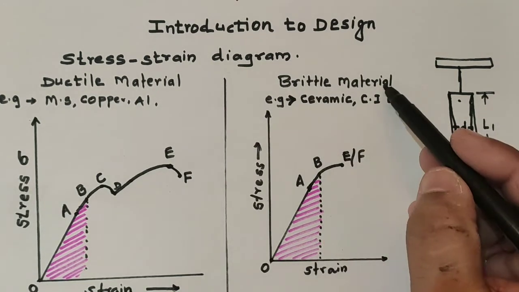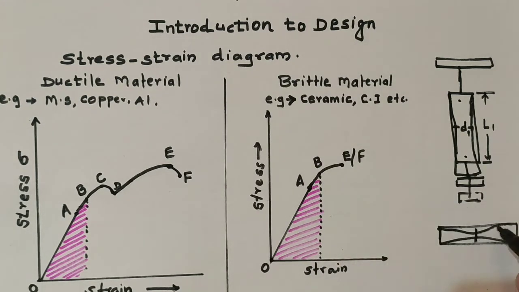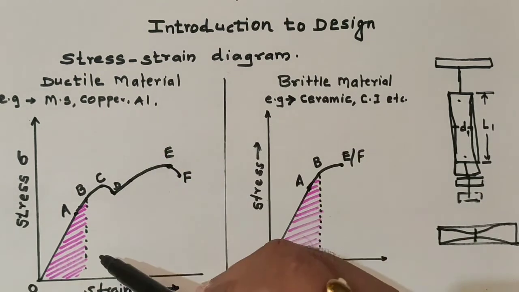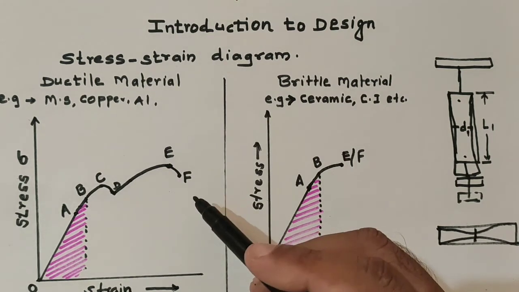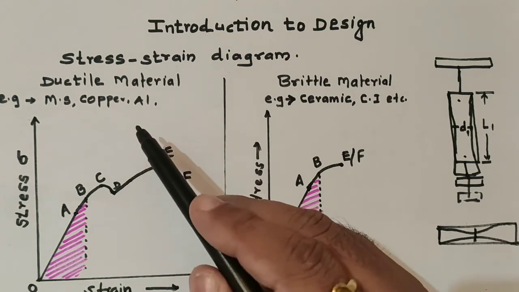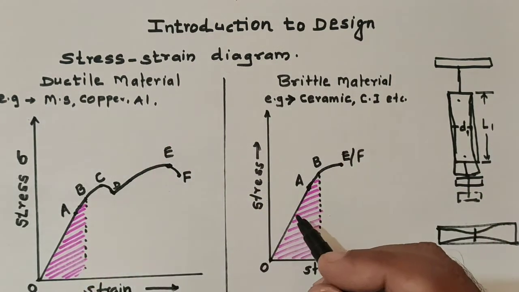So in the brittle material we will not get the neck formation. There is no intimation before failure of the brittle material. But in the ductile material we observe the neck formation and we get the intimation before the failure. This is the basic difference between the ductile and brittle material.